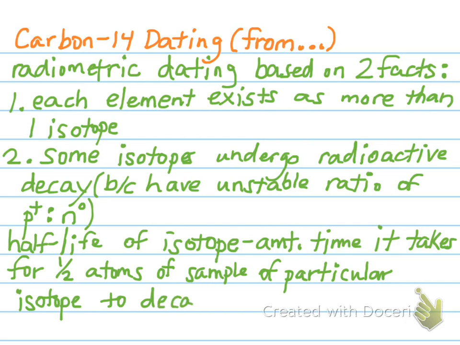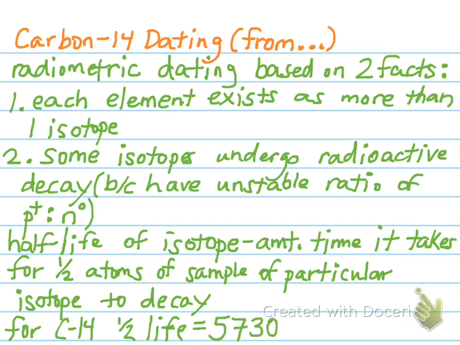What we mean by decay is what you really think of as decay, which just means break down. So these isotopes that are unstable, because they have that unstable ratio of protons and neutrons, they break down. And for carbon-14, the half-life equals 5,730 years.